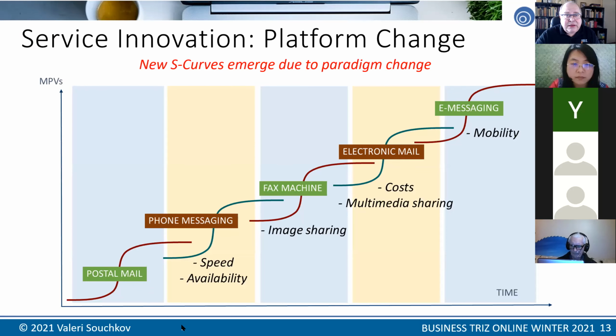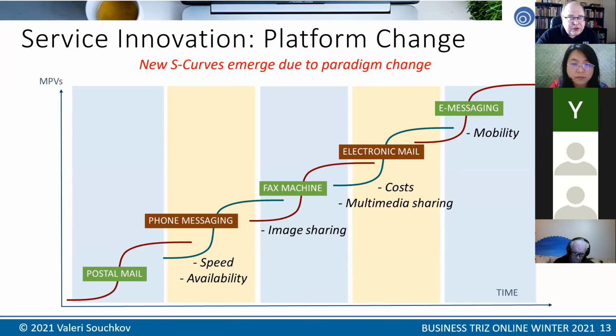And there are two ways of bringing your system, if you're talking about technical systems or business systems, to a new S-curve. First, you leave the functions which the system has and replace the basic principles behind delivering these core functions. And usually when we speak about the growth of so-called MPVs, main parameters of value, or obtaining new main parameters of value, we are talking mostly about technical systems, technical products.